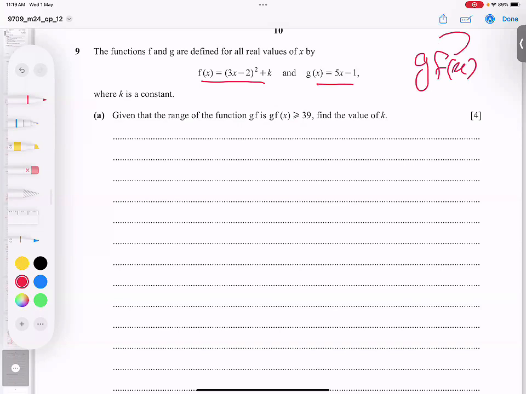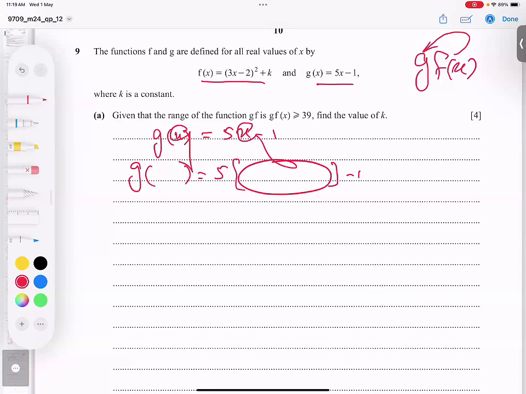We always plug the inner function into the outer function. This is a rule. So first of all, I will copy the inner function, 5x minus 1. And how many x's, students? I will leave empty spaces: here x empty space, here x empty space. I believe this part is very clear.